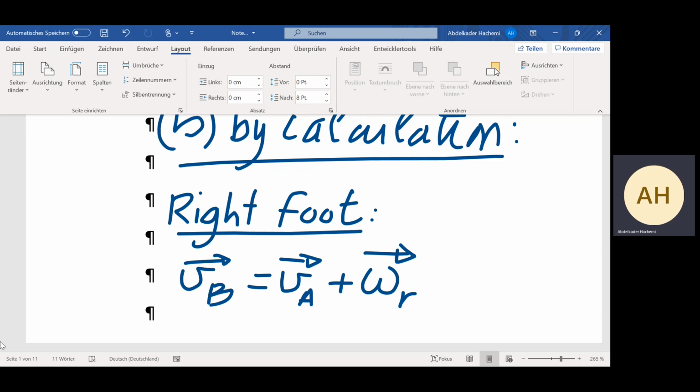For the graphical case, omega r is only phi dot 2. Then cross r A B, and we have here the vector position. In this case, omega r is taken as positive.